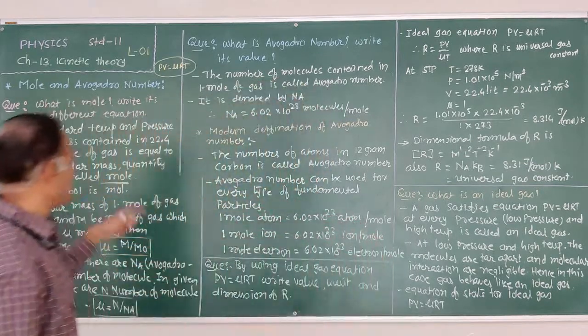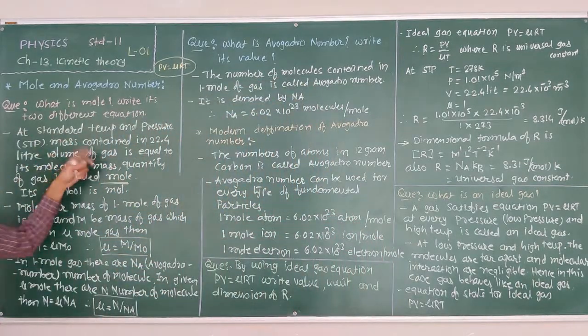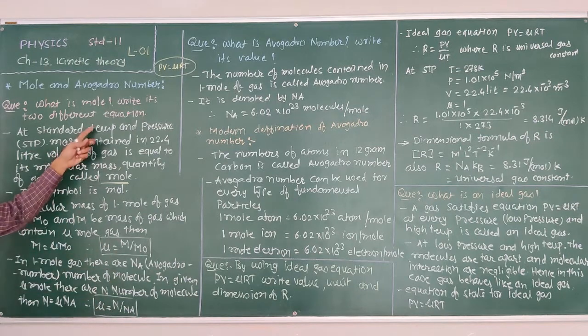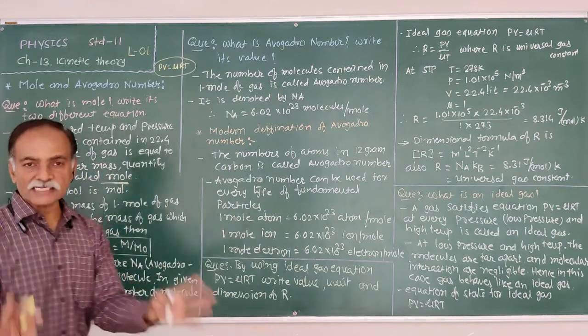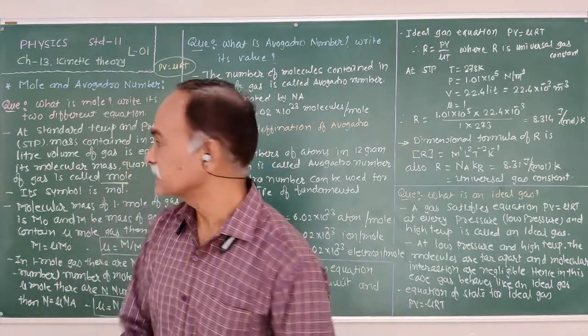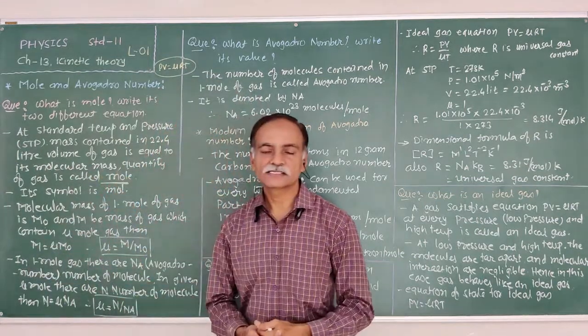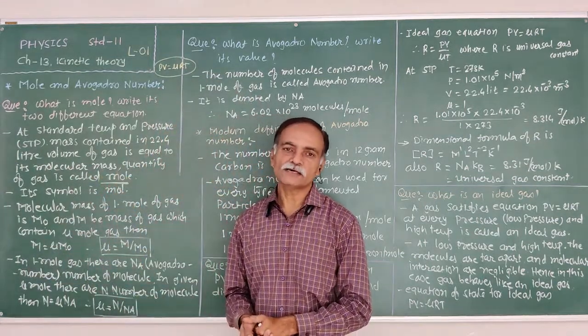Again, the quantity of a gas in 22.4 liter volume of gas at STP, that means standard temperature and pressure, is known as the 1 mole. And the mass of this 1 mole is known as the molecular mass.